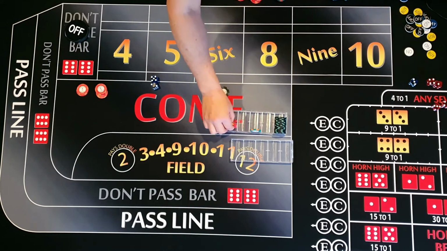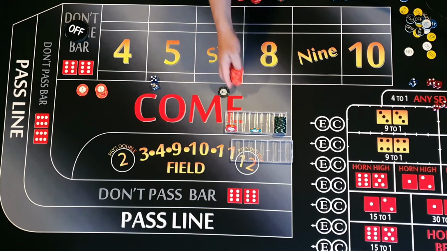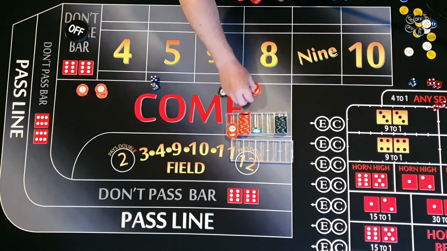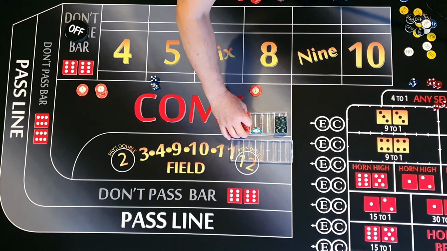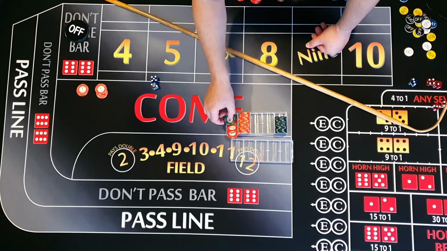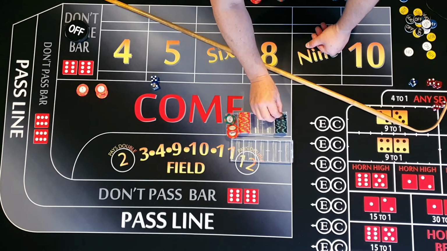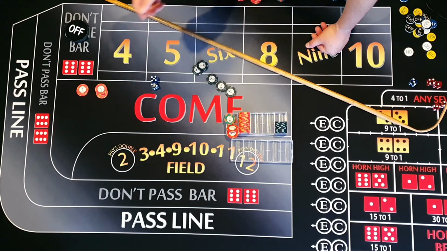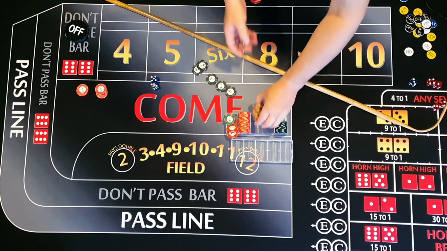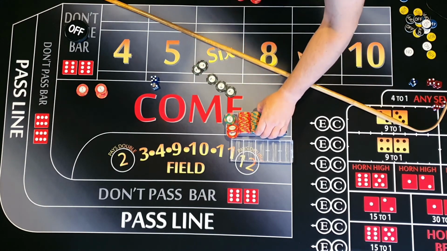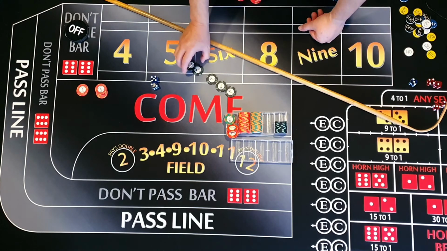Let's get me some reds. There we go. So I've got some reds, we need those, and I probably need some more greens. Let's get 500 in greens. One more. All right. There we go, 500 in greens.